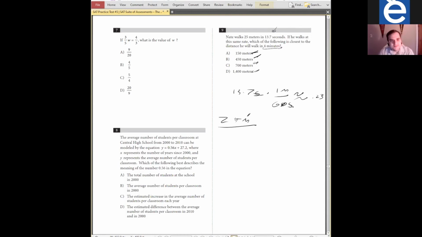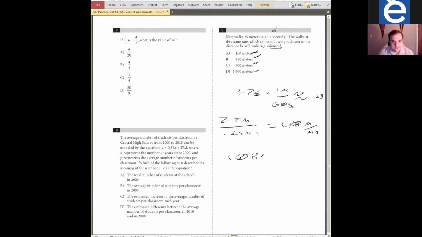So it would be 25 meters per 0.23 minutes, which is 108 meters per minute.